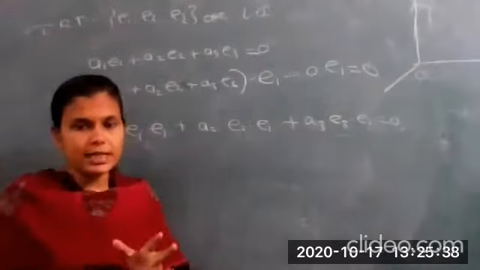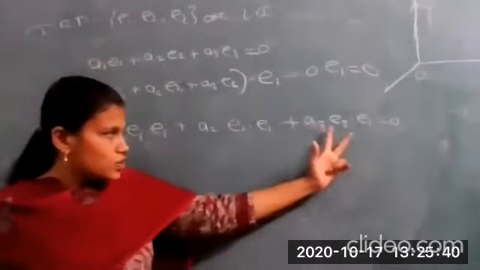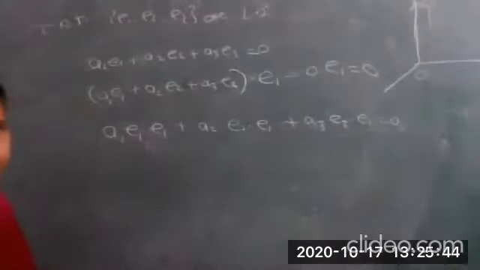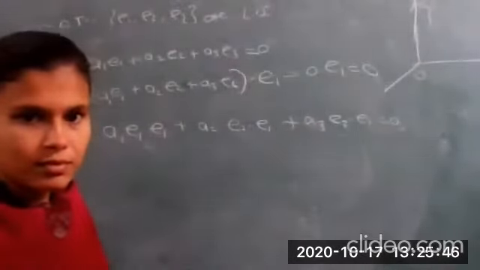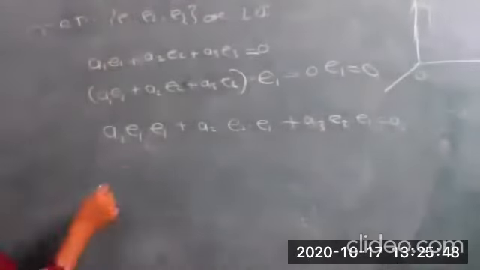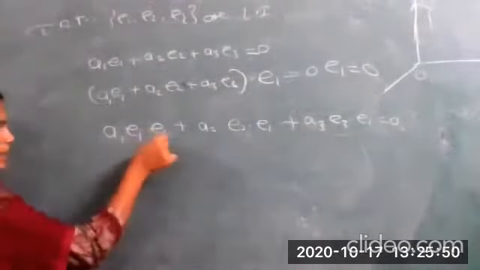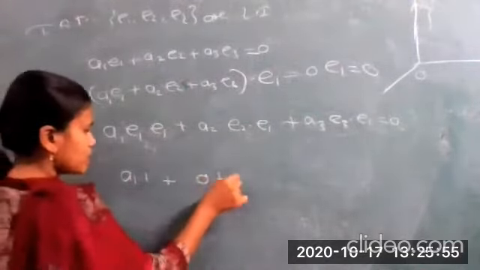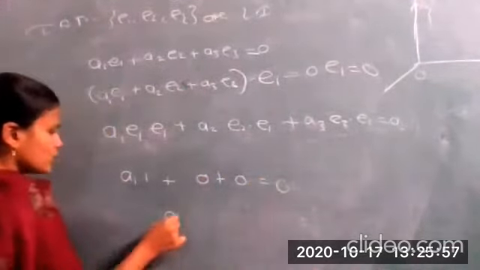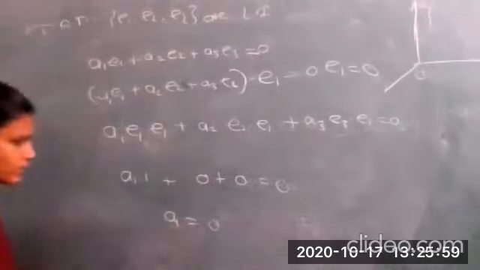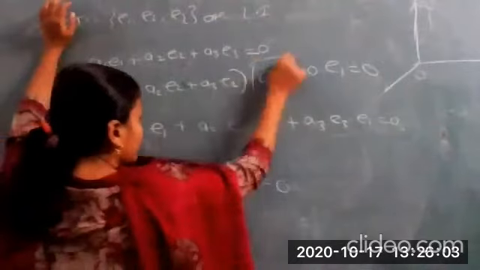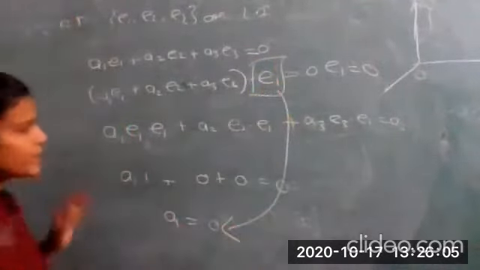The angle between x and z axis is equal to 90 degrees, so the dot product of E1 with E3 is 0. Okay. So let me write down now. What will this A1 be? E1 dot E1 will be 1, plus this will be again 0. This is 0 equal to 0. So what I prove is A1 is equal to 0. Correct? So if I take a dot product with E1, I am getting A1 is 0.